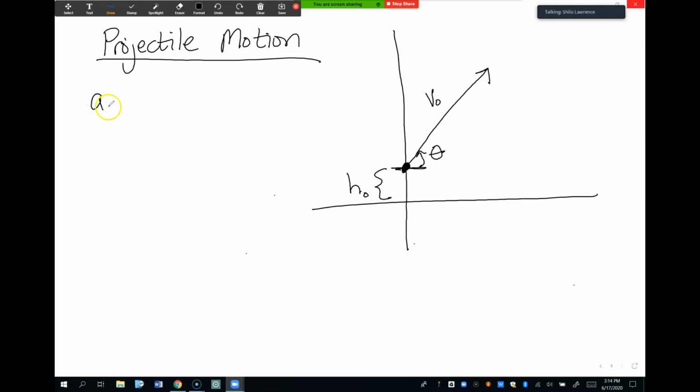So what we know is that on the surface of the Earth, really the only thing we should have to consider is that acceleration is due to gravity, and it's pulling us straight down. So we'll have negative g in the j direction. And g is our gravity constant.